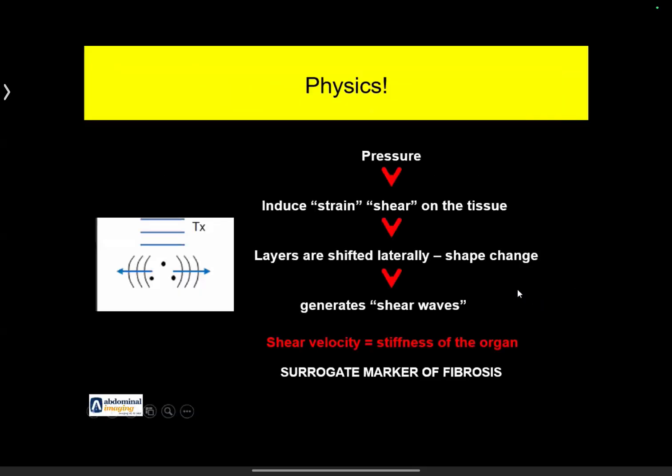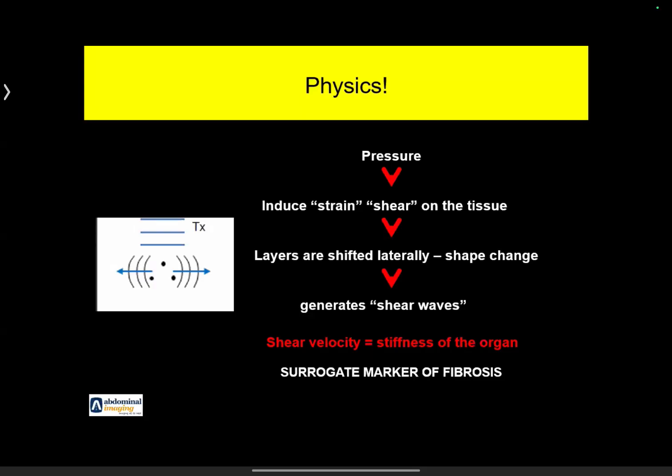Let me explain this. Whenever you put pressure on an organ, the different layers in the organ are shifted, and a shape change happens. And when the shape change happens, it generates shear waves, and shear waves are determined based on the stiffness of the organ.